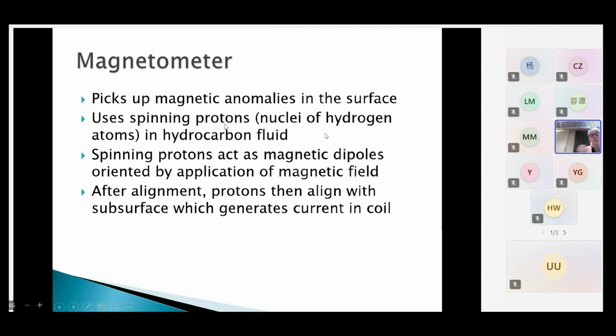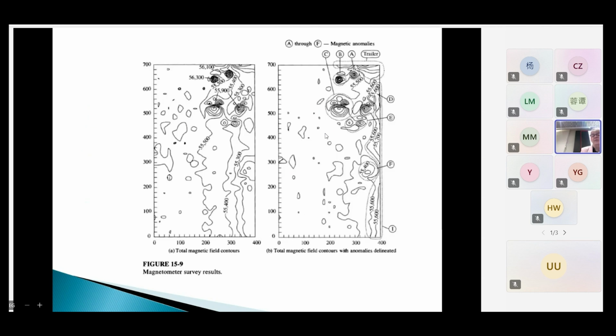It gives you a different signal when there's water compared to hydrocarbons. Obviously, to interpret it, you have to have very skilled people. You can see here that there's some contamination because it's quite different compared to the rest of the areas.